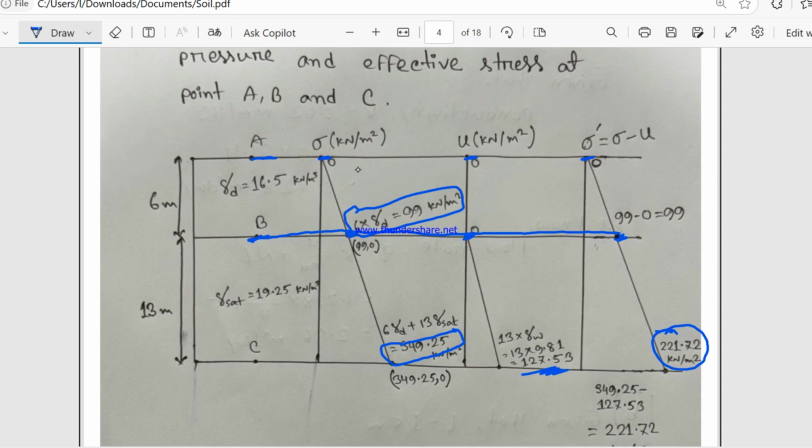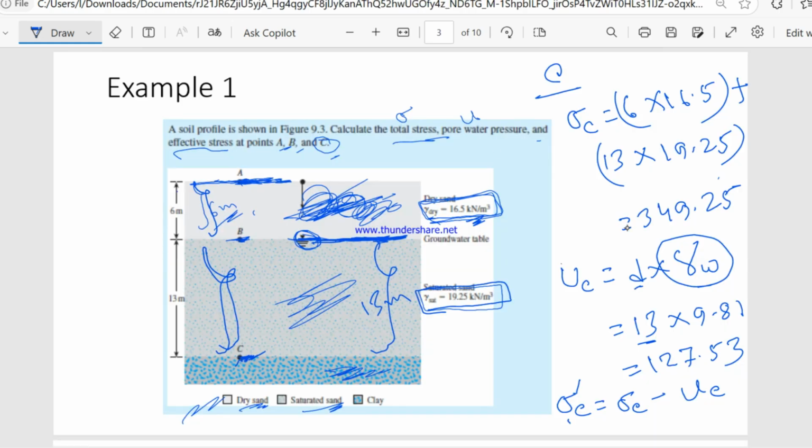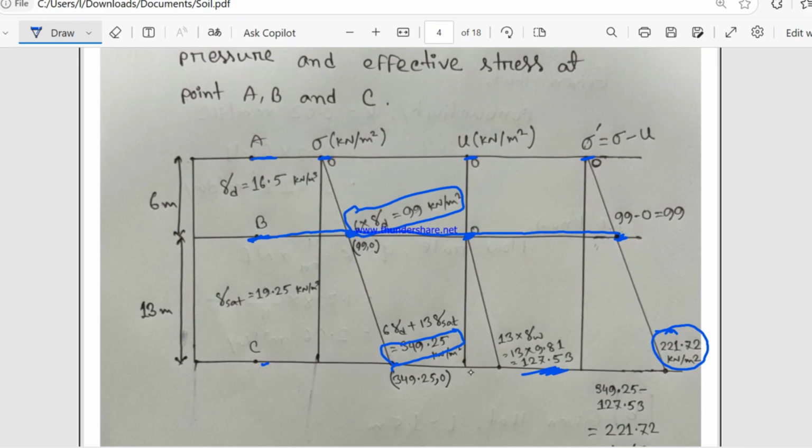I just plot the variations with depth here. At point C we get the total stress of 349.25, and the pore water pressure is 127.53 and the effective stress is 221.72.